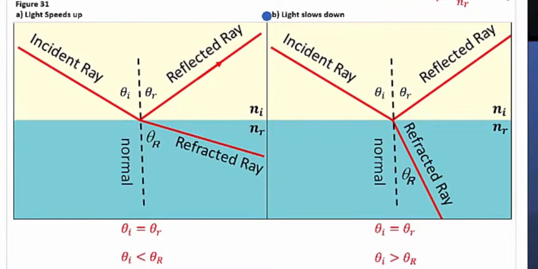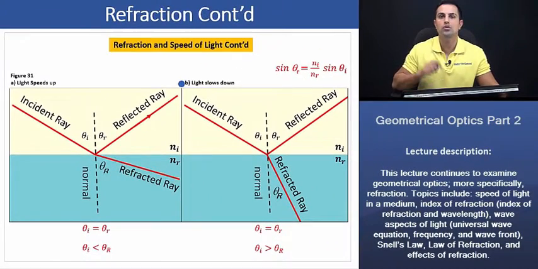Moreover, light bends away from the normal when entering a material with a lower index of refraction, and then the angle of incidence will be less than the angle of refraction. Conversely, light bends toward the normal when entering a material with a higher index of refraction, and the angle of incidence will be greater than the angle of refraction. Okay, great. Let's proceed now to our next slide.